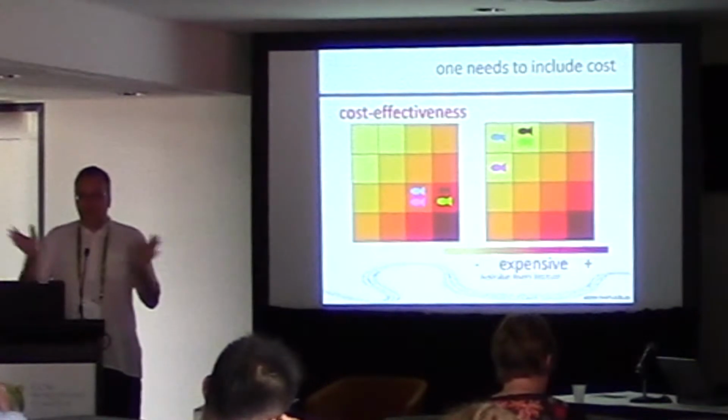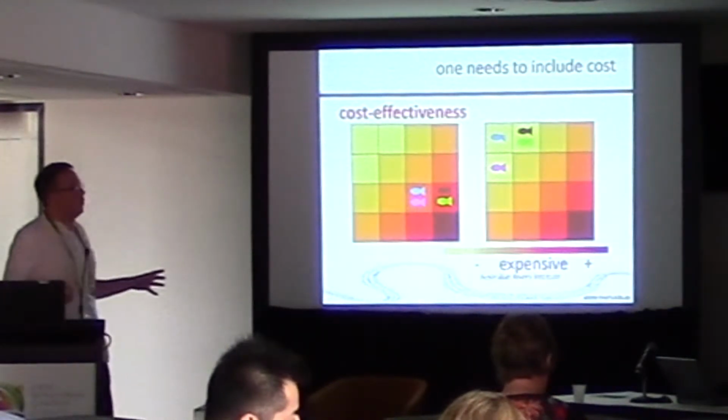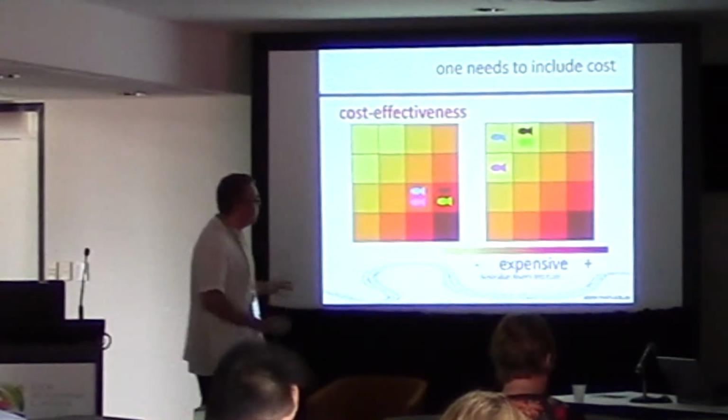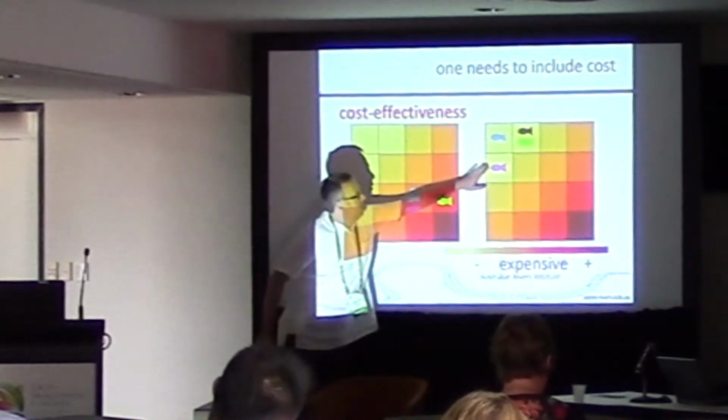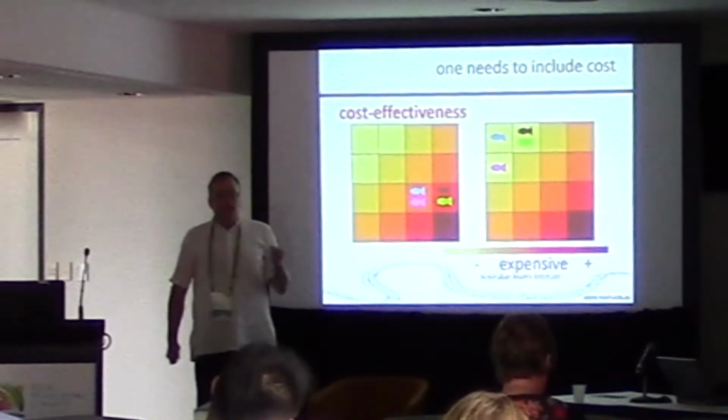Again, same thing. You've got 2 conservation plans for exactly the same fish. Here, you've got one with 3 planning units. Here, you've got one with 2 planning units.